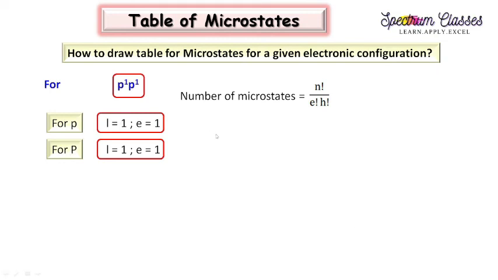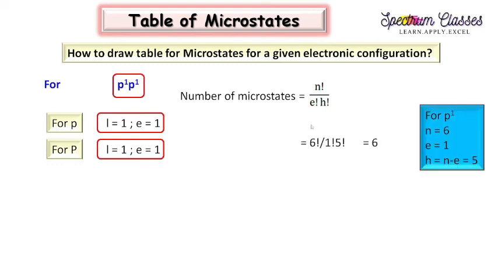Now coming to the next example, if we are having p1 p1 kind of electronic configuration, then we are again calculating in the same manner. So for the first p1 electron, we are having 6 microstates, and for the second electron again we are having 6 microstates, and on multiplying these two we are getting 36 microstates.